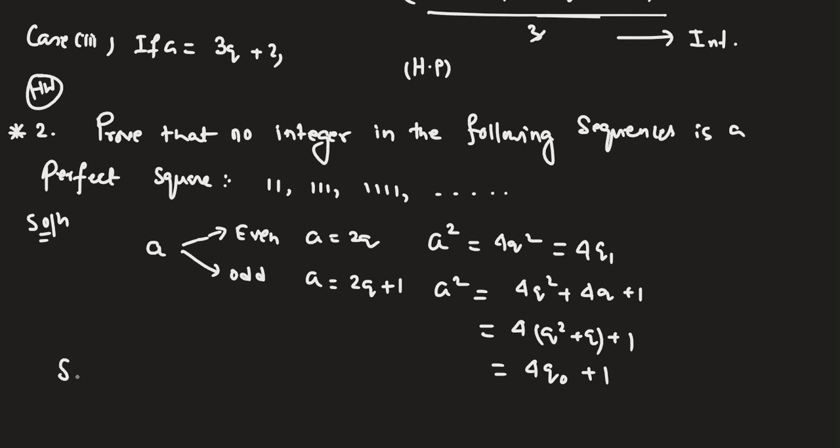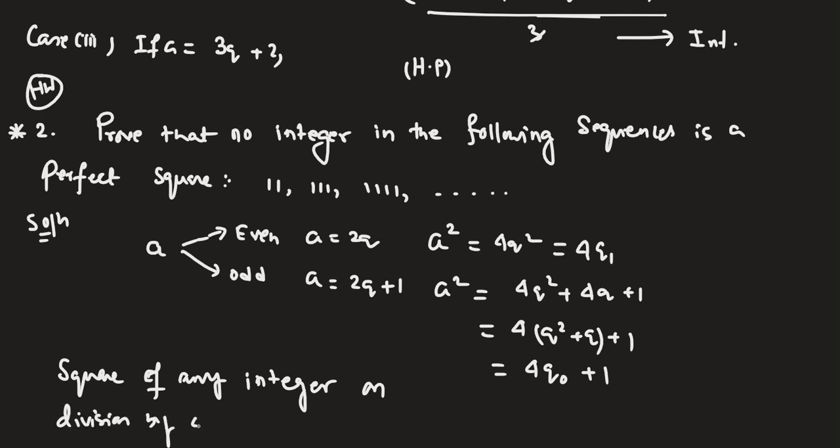Square of any integer on division by 4 will give 0 or 1 as the remainder.